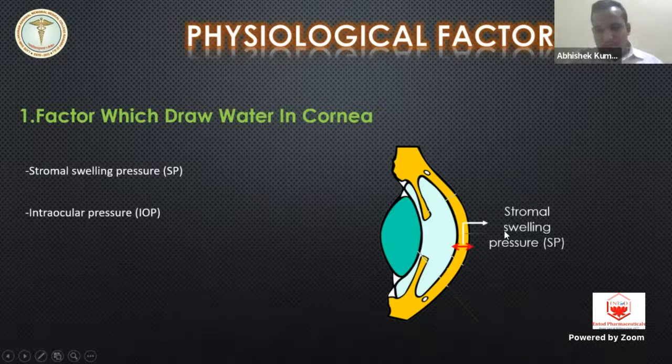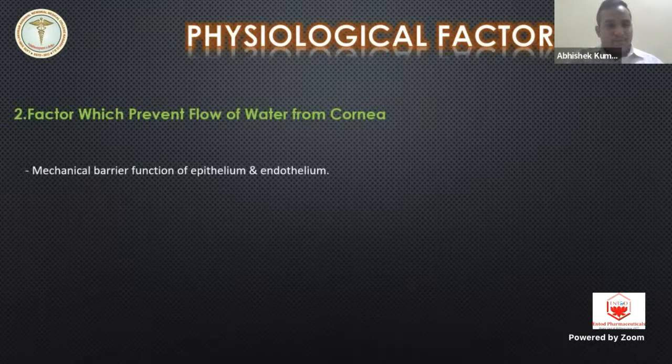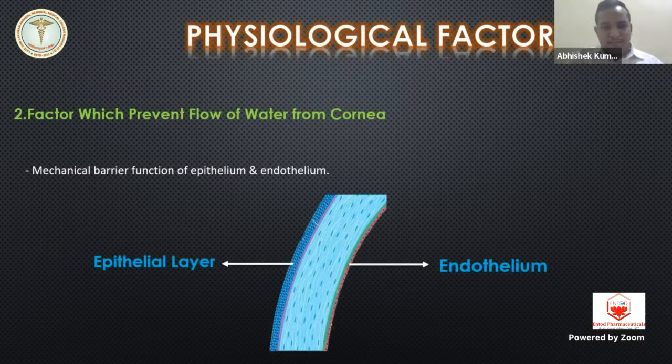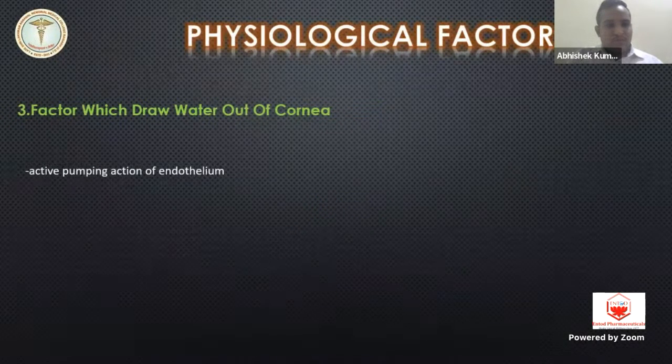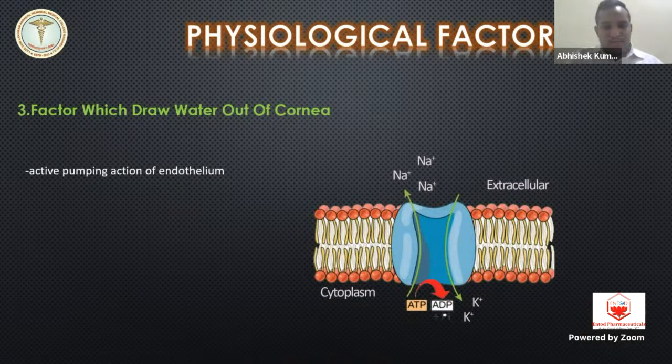You can clearly see the stromal swelling pressure and here is the intraocular pressure. The factors which prevent the flow of water from the cornea are the mechanical barrier functions of the epithelium as well as the endothelium. The factors which draw water out of the cornea work basically with the help of the active pumping action of the endothelium, which is by the sodium potassium ATPase pump.